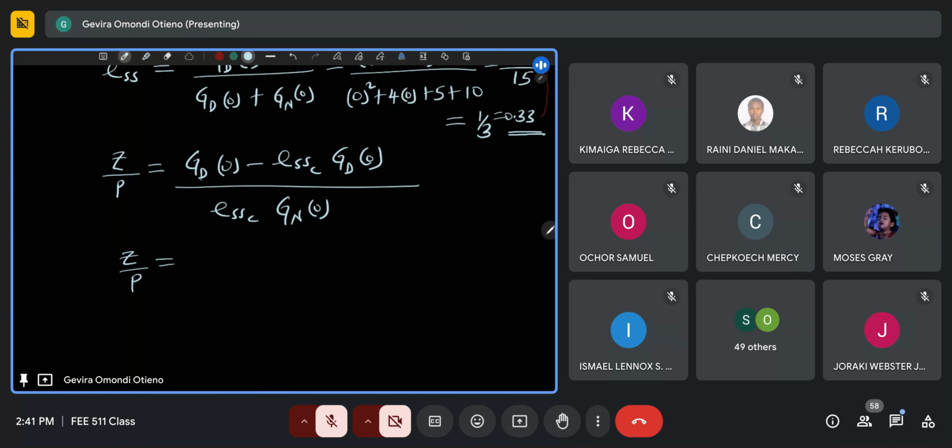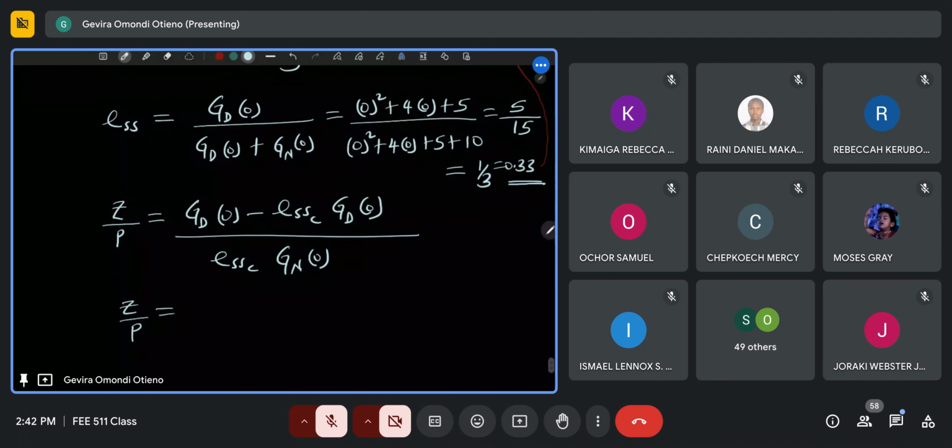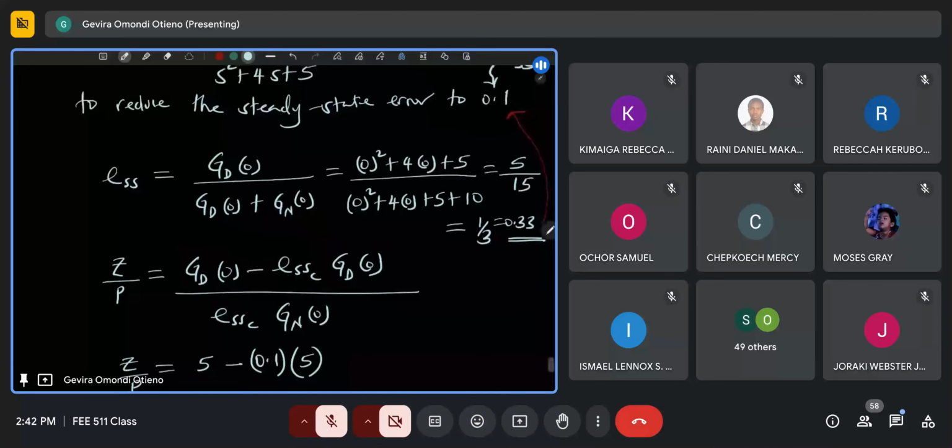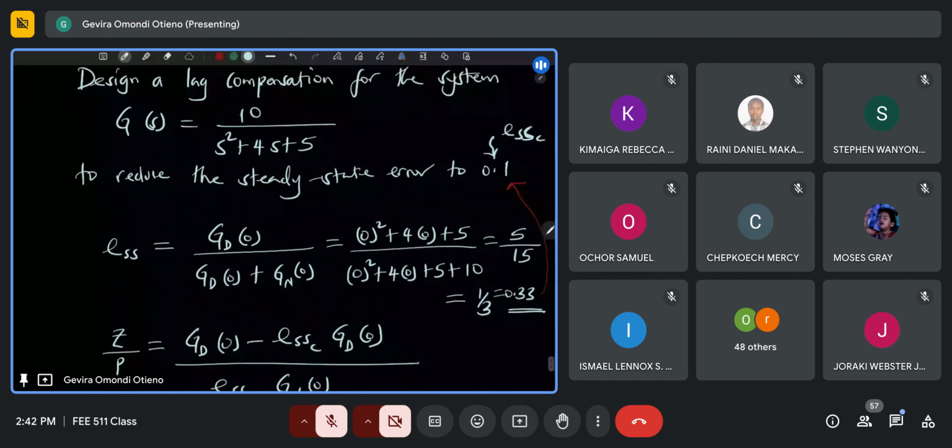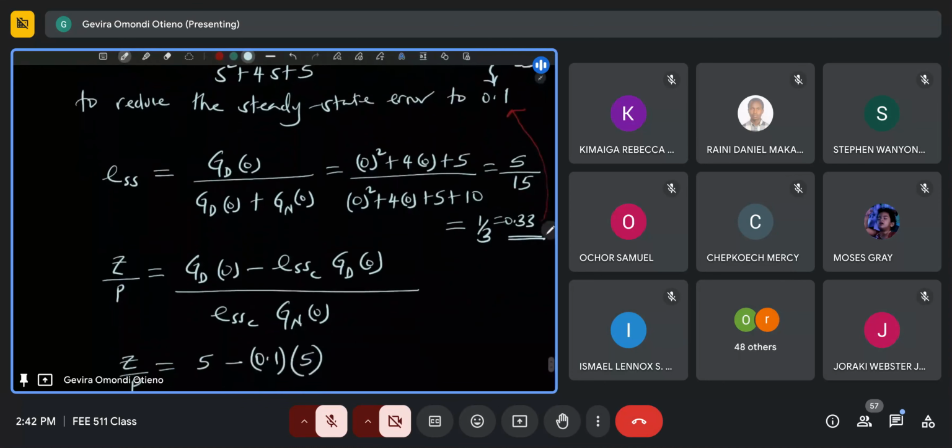Again, take the denominator of the term, put it to 0. I think we already did that, and it gave us 0 squared plus 4 plus 5, so that was giving us 5, minus the compensated value expected to be 0.1. Remember, I showed you how to find GD of 0 and GN of 0. You simply take the denominator or the numerator and equate s to 0.